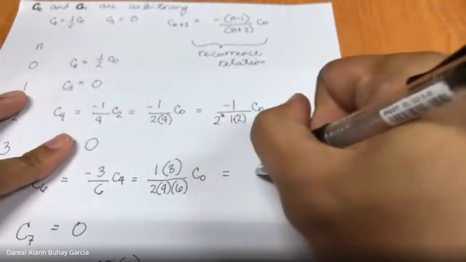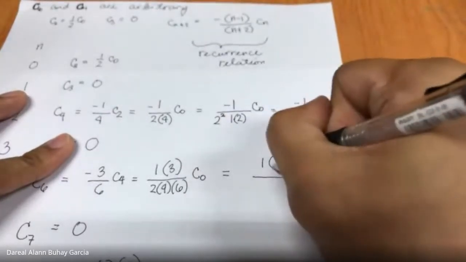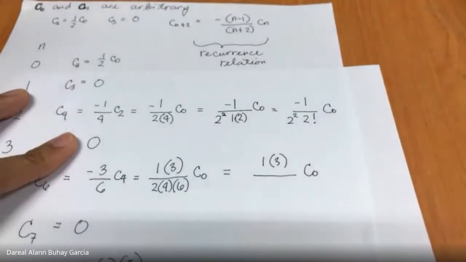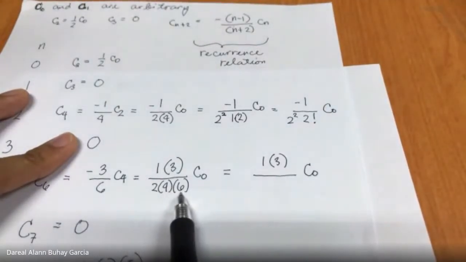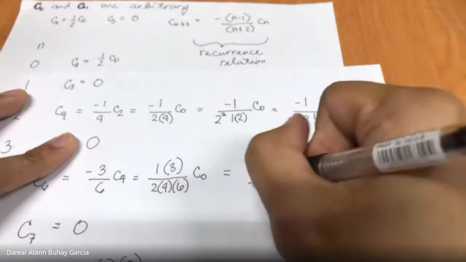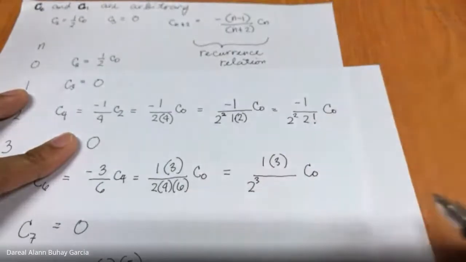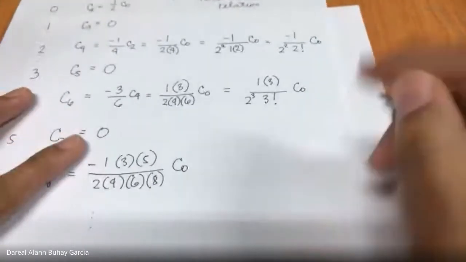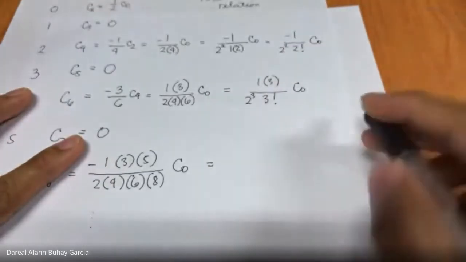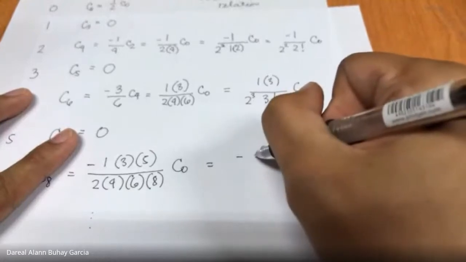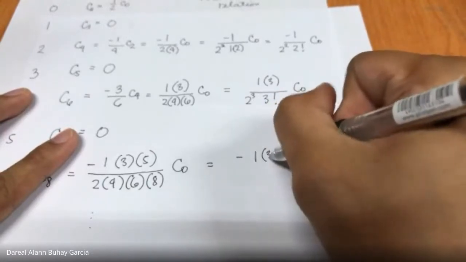Meaning, this could also be simplified as 1 times 2 times 3. So we see that we factored out three 2s, 2 cubed. 1 times 2 times 3 is 3 factorial. This one, negative 1 times 3 times 5.